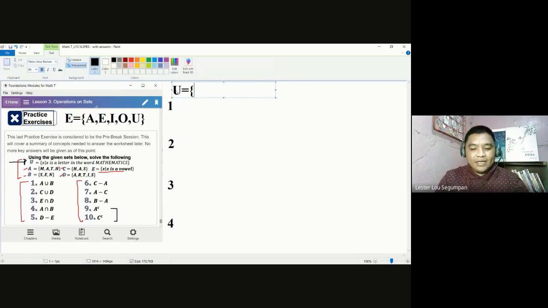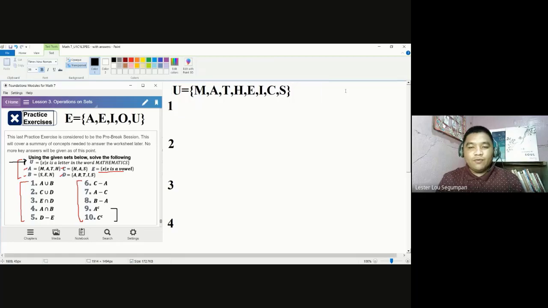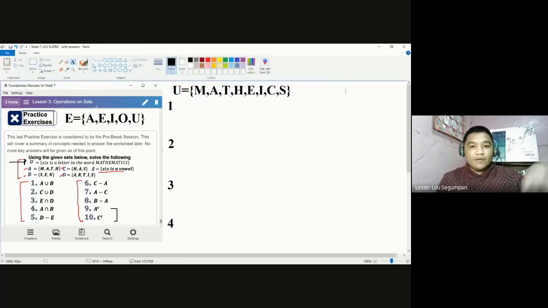So the elements here are M, A, T, H, E. No need to repeat M, as well as A. At T rather, we have I, C, and an S. Those are actually now your roster form for the universal set for this specific concern. Now that we have this, we can now freely start with the operations at the bottom.